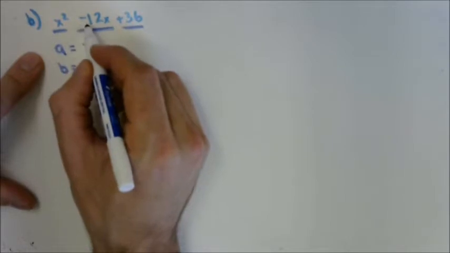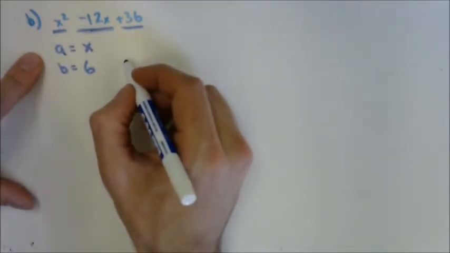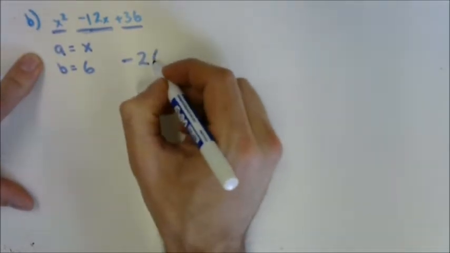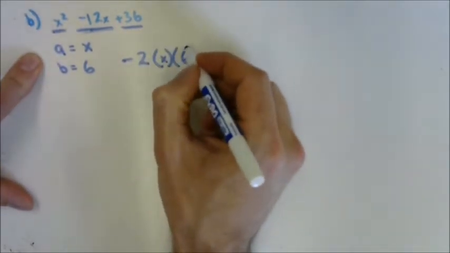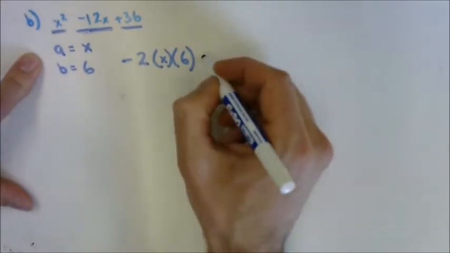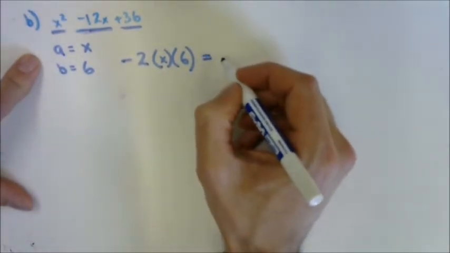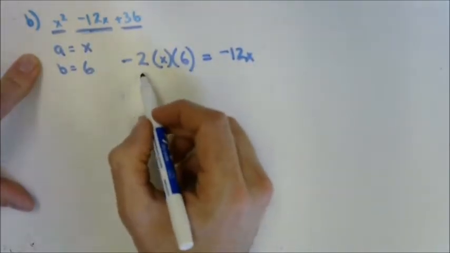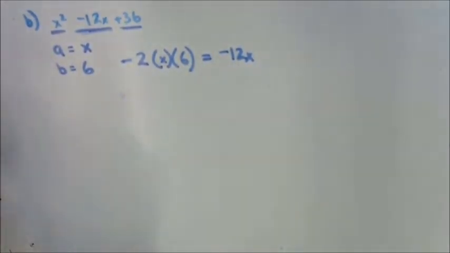Looks like negative 2ab. So negative 2 times x times 6 equals what? Negative 12x. So is the middle term built from here? Yep. So what's our pattern?